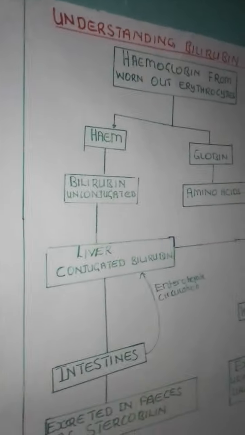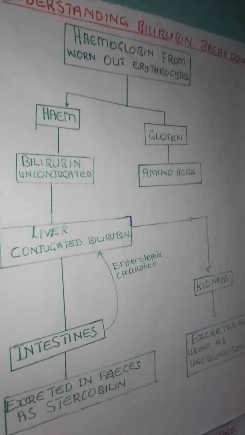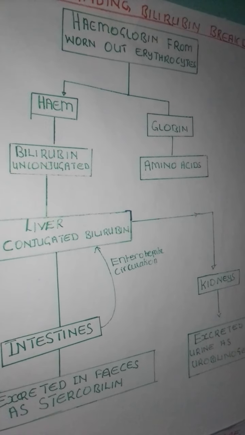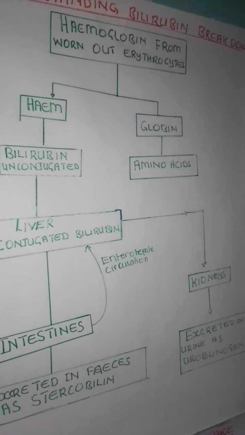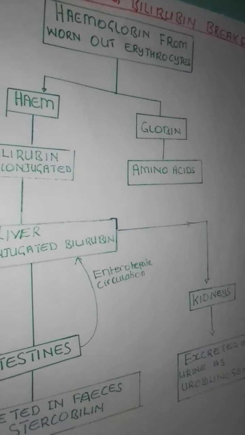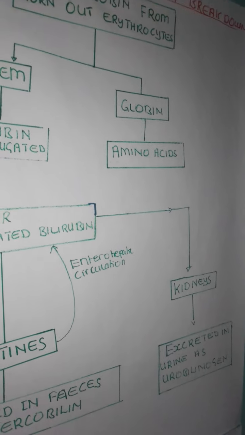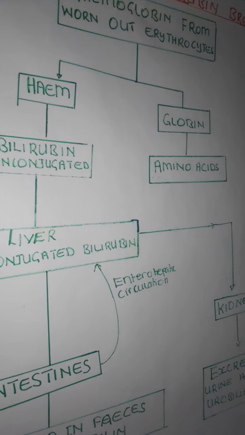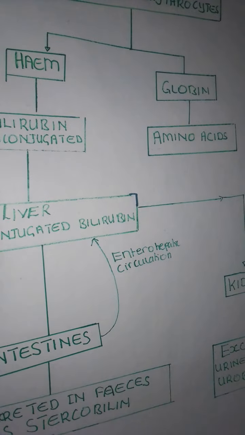Now let's come to the understanding of bilirubin breakdown. When the lifespan of red blood cells is done, hemoglobin is broken down into two portions: heme and globin.